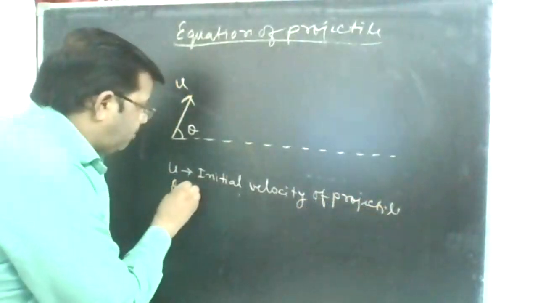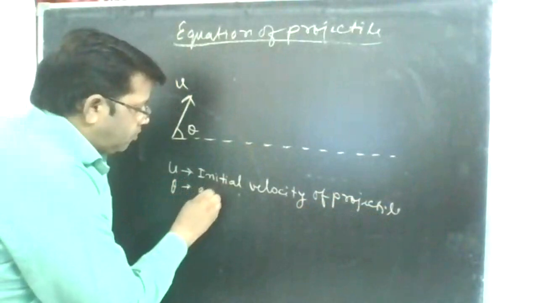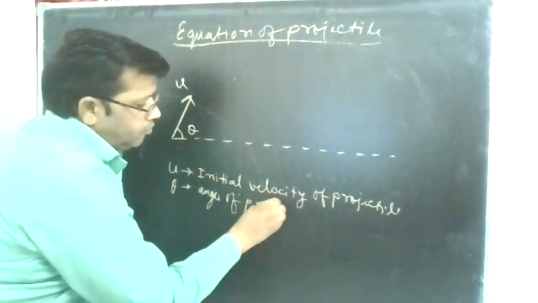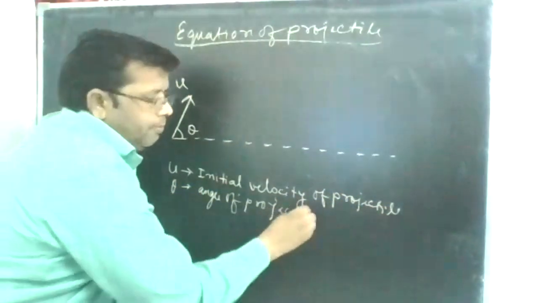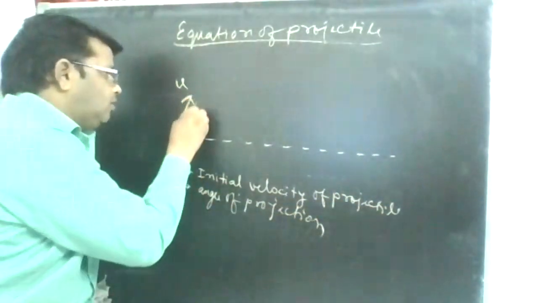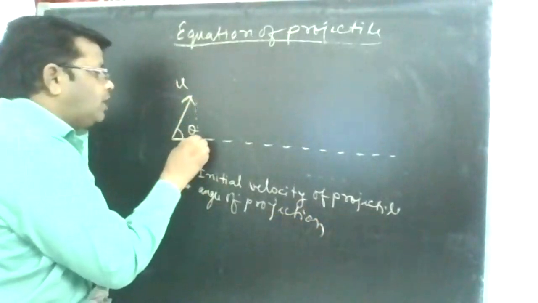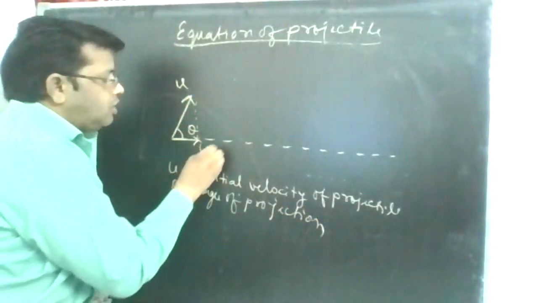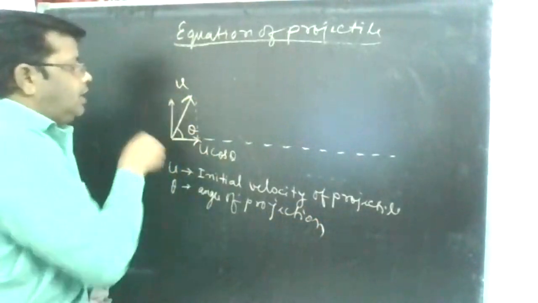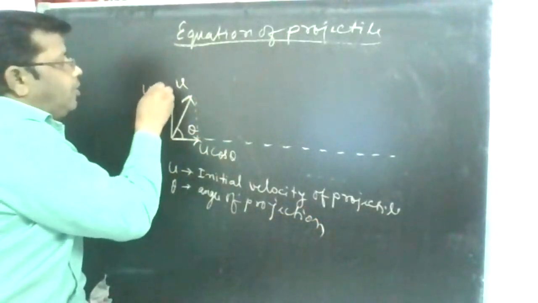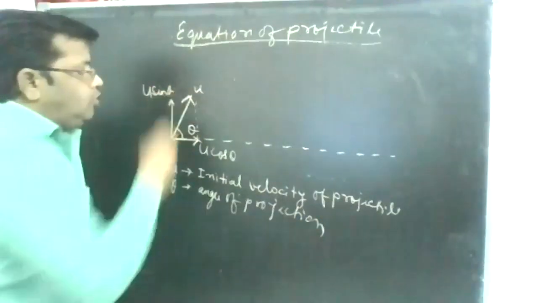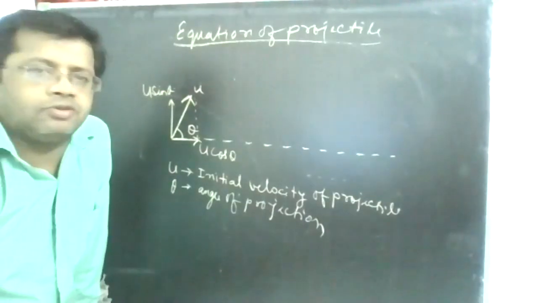Theta is the angle of projection. We have already discussed this. With the perpendicular, this is known as u cos theta, the horizontal component of velocity, and this is u sin theta, the vertical component of velocity.